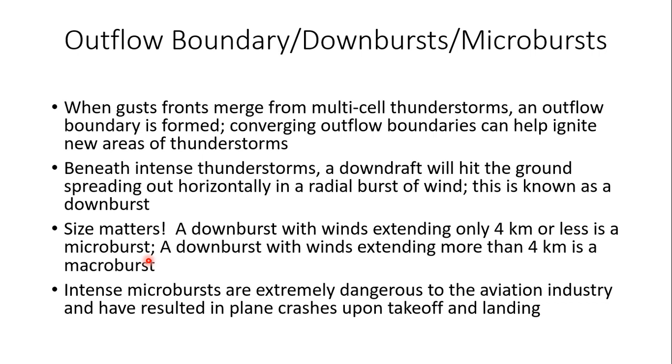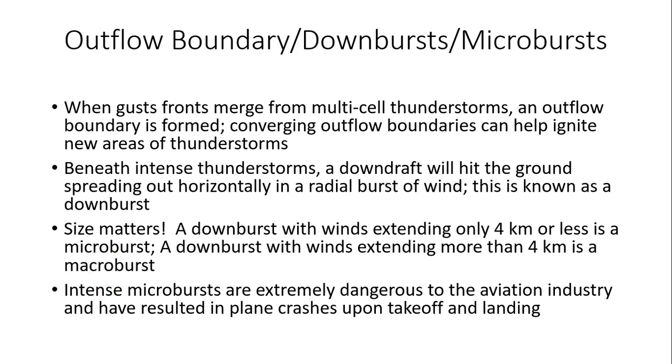The converging outflow boundaries can actually help ignite new thunderstorm development. I kind of hinted at this back in the How the Weather Works 12A training, of how you can get multiple outflow boundaries moving towards each other and igniting new thunderstorms.